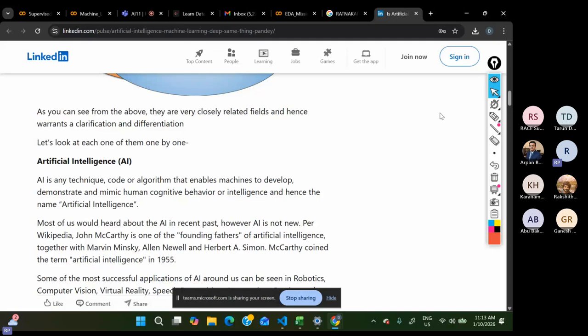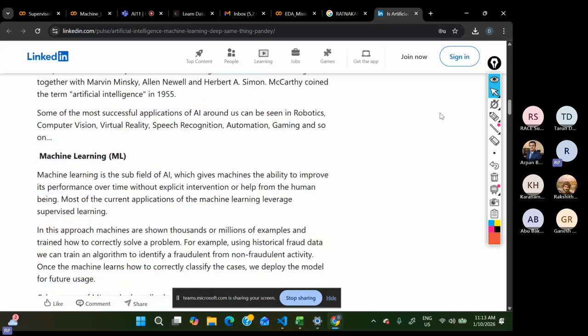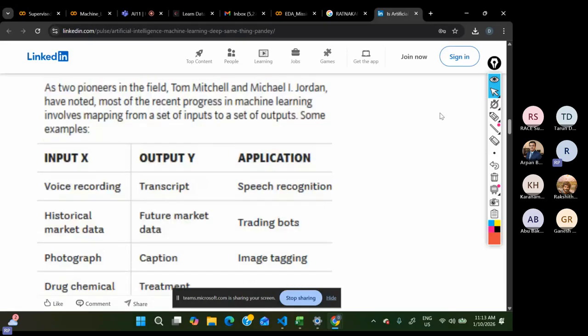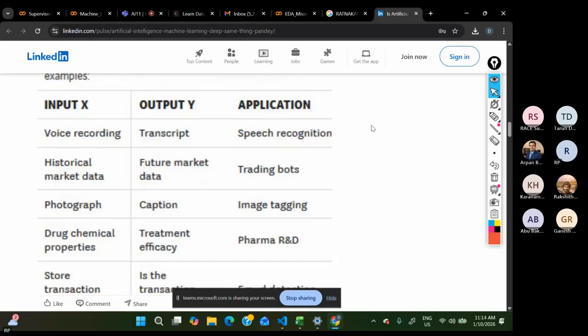Okay, so moving on. I think AI, we are clear, machine learning, we are clear. I will explain the supervised and unsupervised, but you can imagine supervised is that you give certain input and you give certain output, and you're training the model to learn the behavior between your input and output. Supervised meaning that I'm giving you the supervision for you to enhance your learning, right?